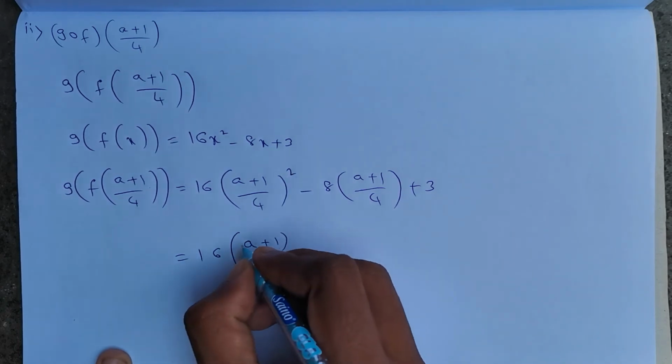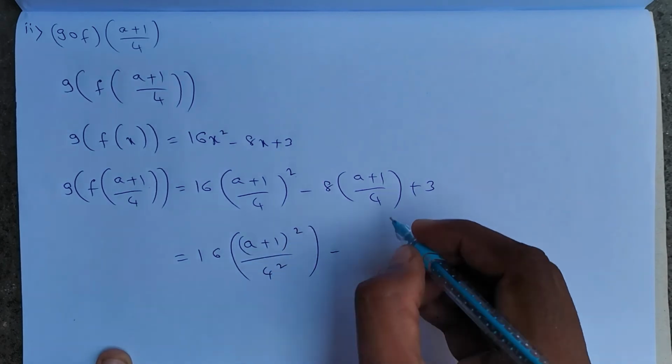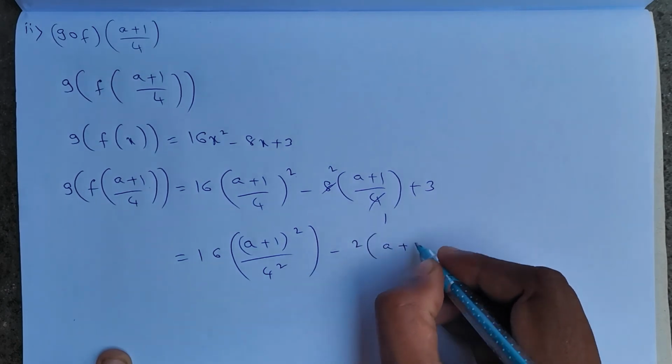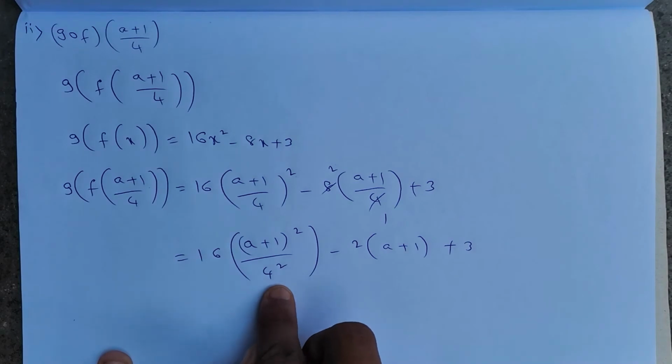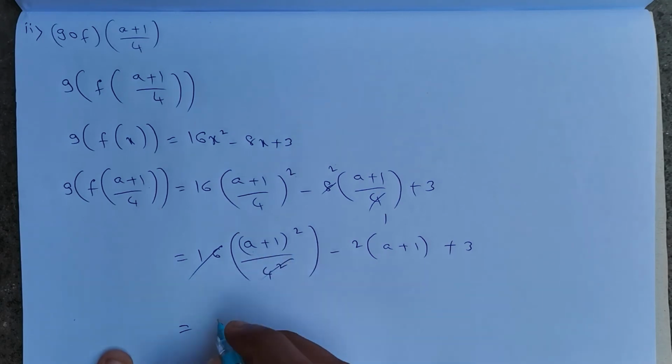So we get a plus 1 whole square divided by 4 square, minus 4 ones are 4, twos are 2, into a plus 1, plus 3. Here 4 square is nothing but 16. So this 16 both will get cancelled. So we remain with a plus 1 whole square.